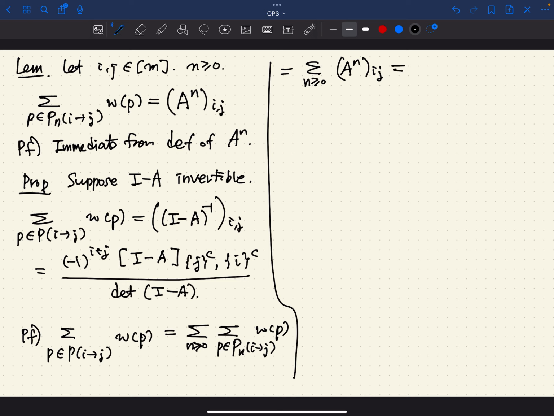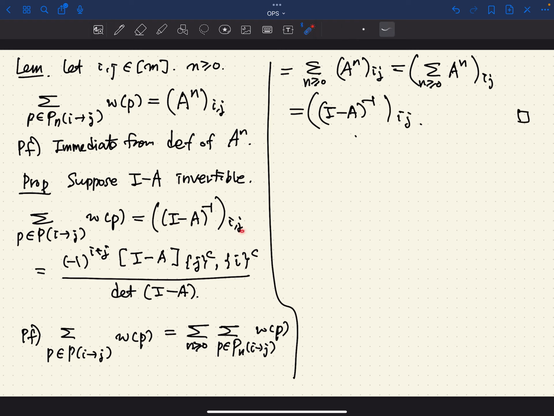But that means you add the matrices first, and then you can extract the ij coefficient later. That's the same thing. If you look at this, the geometric series also works in this case. So this is (I minus A) inverse, the geometric series of this. If this is invertible, then this becomes this. And that's it. That's the proof. See? It's really nothing but this simple matrix manipulation.